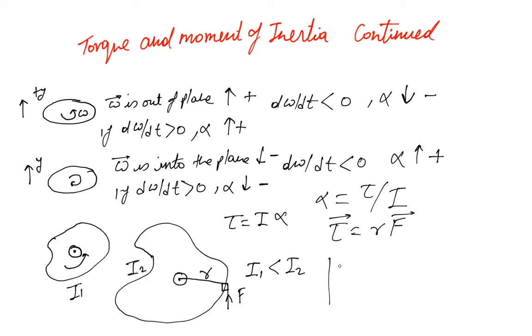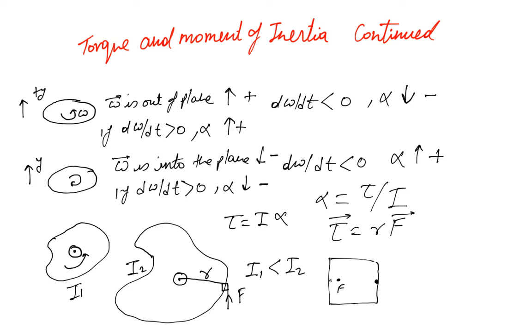You might have seen a door. If you apply a force, let's say into the plane here, it's difficult to move the door. But if you apply the force here, then it's easier to move the door.